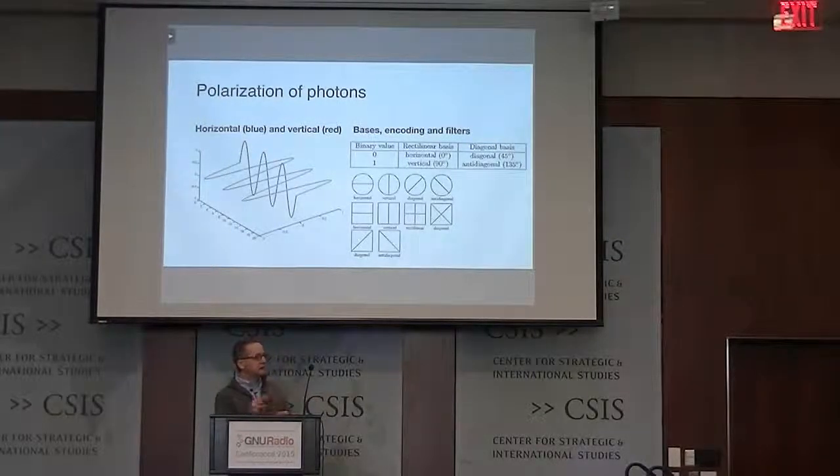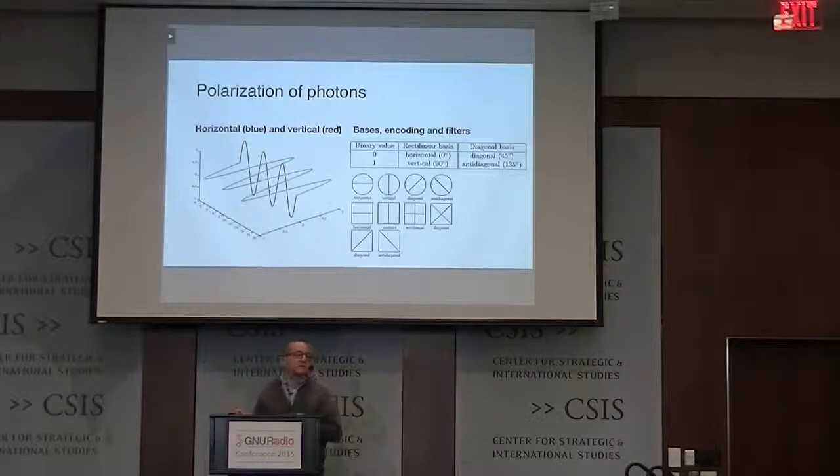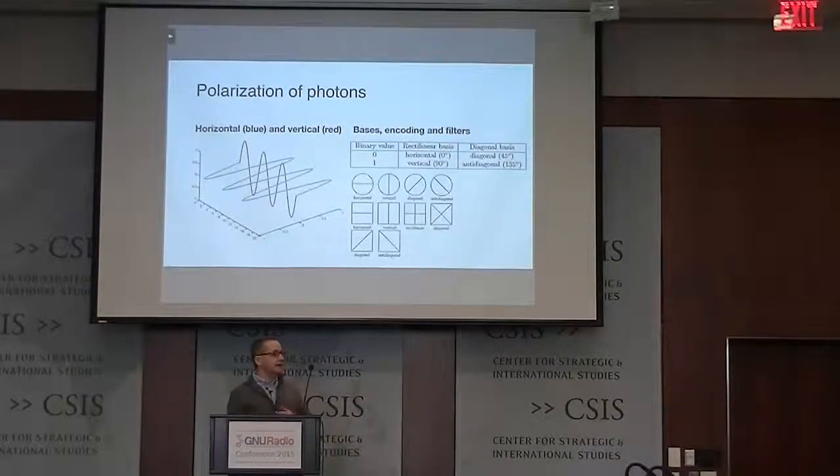For the individual polarizations, it is the block of 4 filters on the left, and for the bases, it is of course the 2 squares on the right. The one with the cross is for the rectilinear basis, and the one with the 2 diagonals is for the diagonal basis. Okay, so we'll go with that.